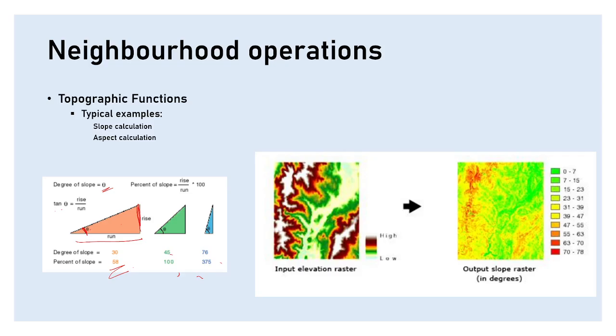So here you have input of a digital elevation map. You have this gradient where the light blue color is the lower elevation, then lower slope, and then high. That's it. But we want to classify it in terms of degree slope. We need a slope map basically.